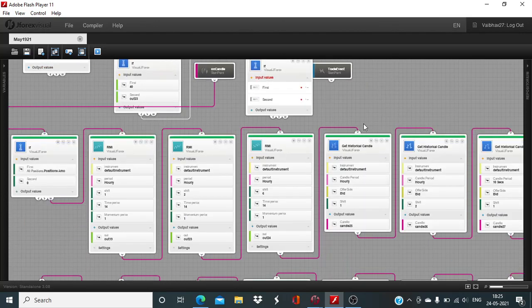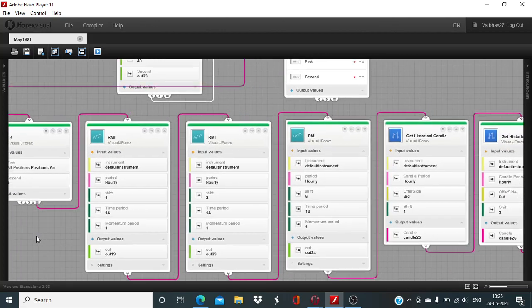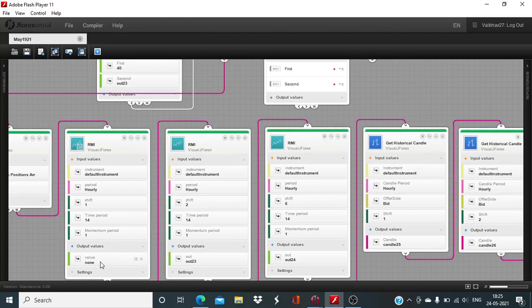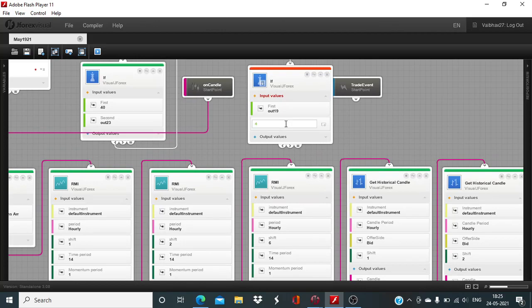Last hour's RMI value should have been below 45.